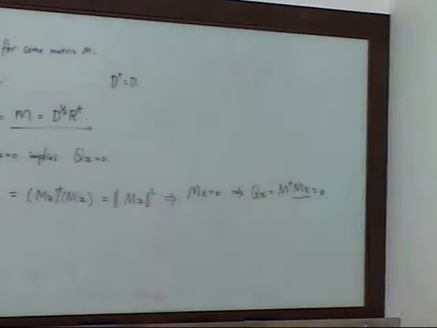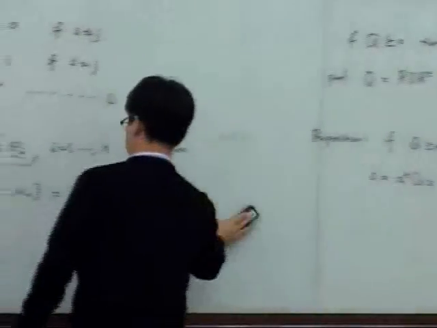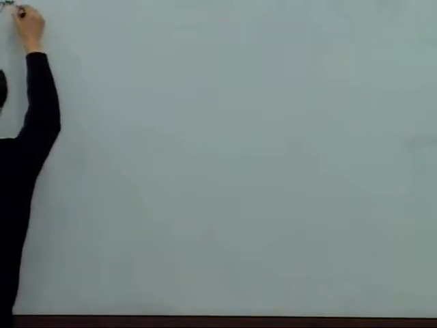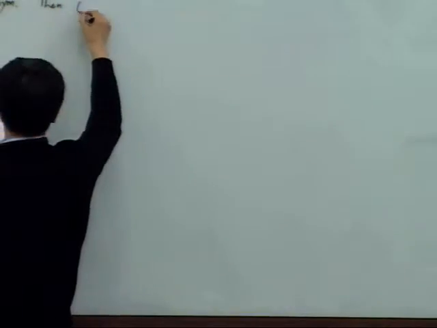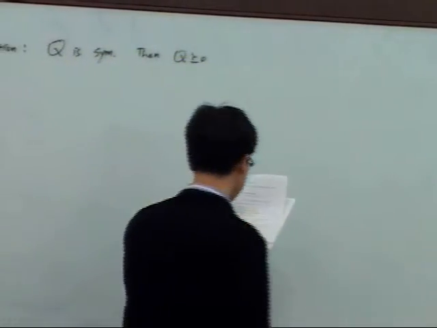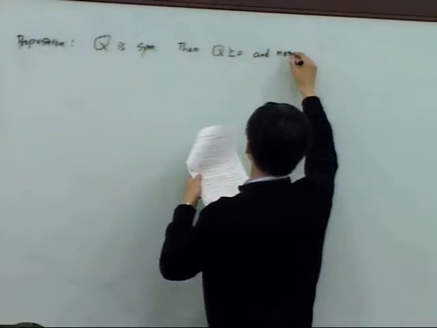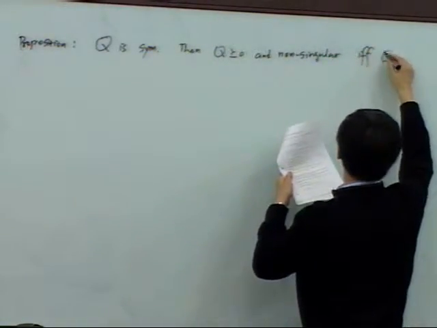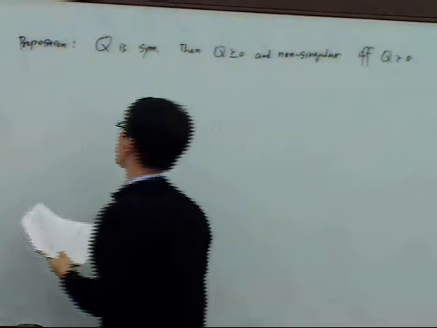Okay. Another proposition. Suppose Q is symmetric. Then Q is positive semi-definite and non-singular if and only if Q is positive definite.